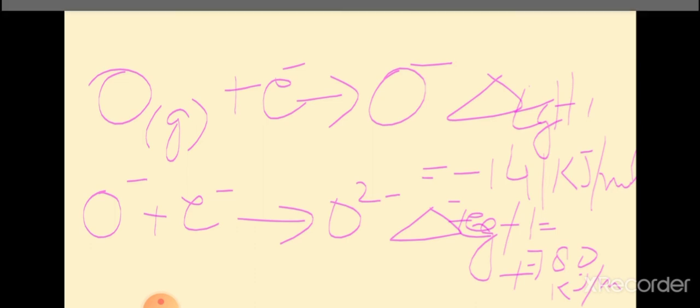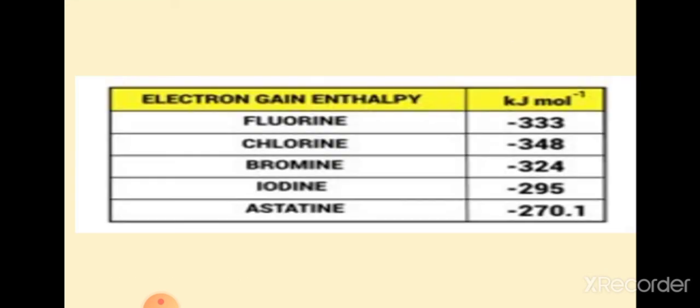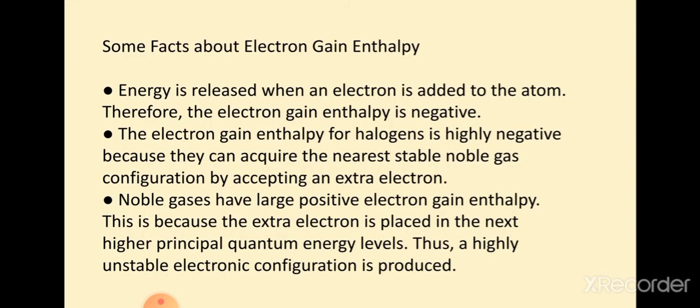Okay, now let's see some facts about the electron gain enthalpy. Energy is released when an electron is added to the atom, therefore the electron gain enthalpy is negative. Okay, this is clear, this only is the definition.